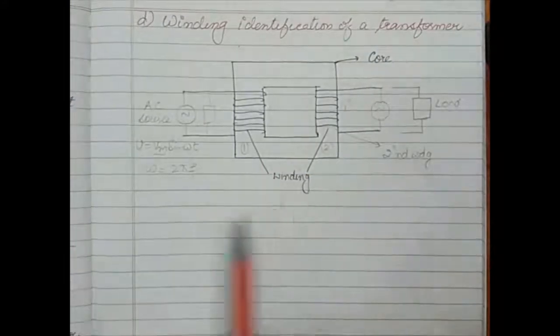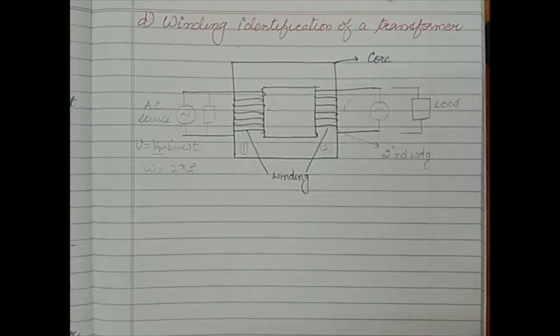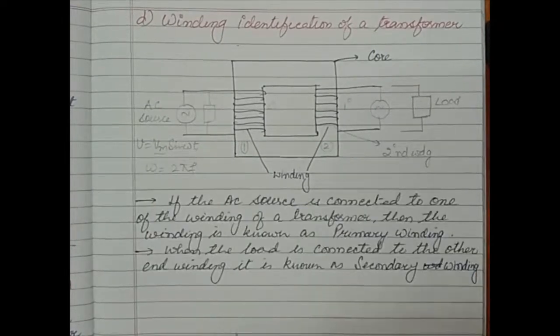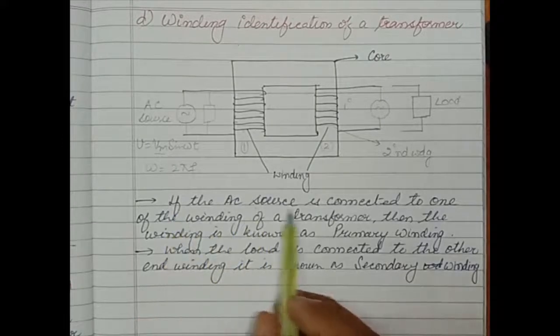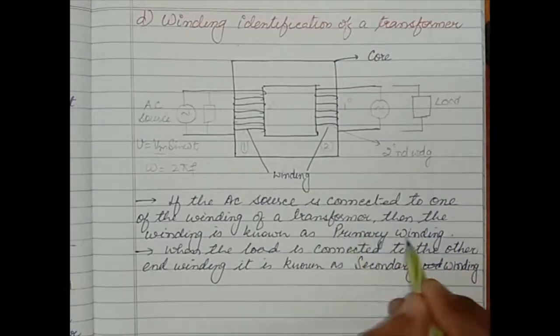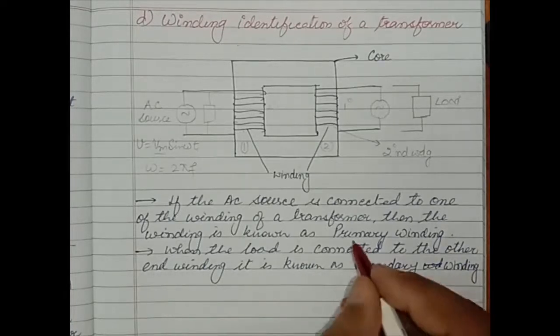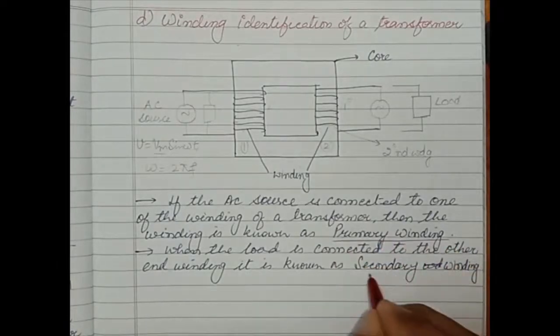Okay, it means if the winding is connected to the source, it is the primary winding. So as per the statement, if the AC source is connected to one of the windings of a transformer, then that winding is known as the primary winding. If the load is connected to the other winding, it is known as the secondary winding. Okay, so likewise we can identify the primary and secondary winding.